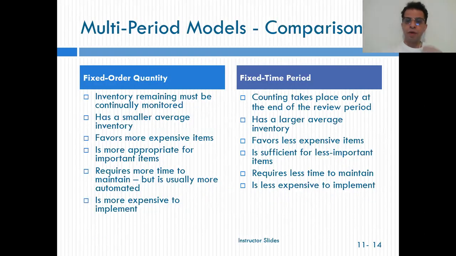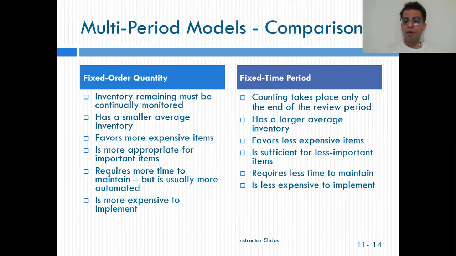So in the comparison between both, in the fixed order quantity, the inventory remaining must be continually, always monitored. In the fixed time period, the counting takes place only at the end of the review period. The fixed order quantity has smaller average inventories and favors more expensive items.